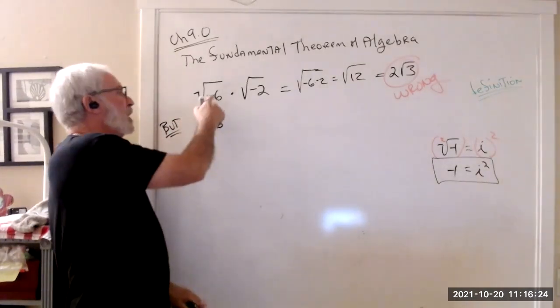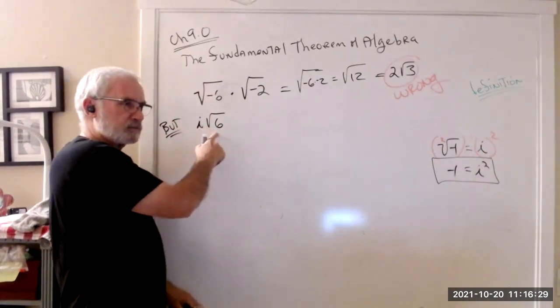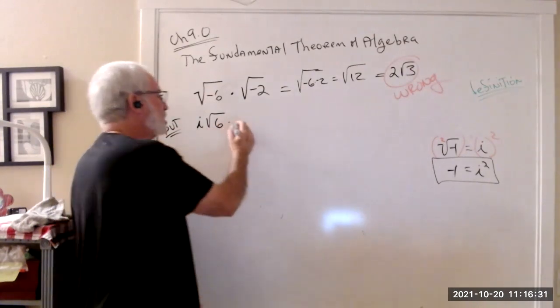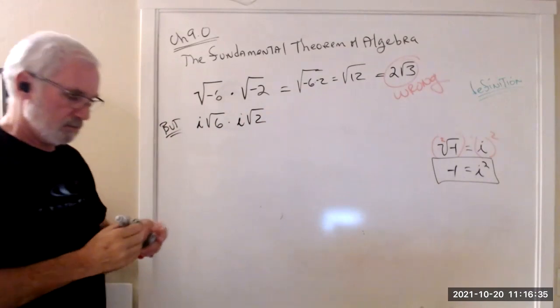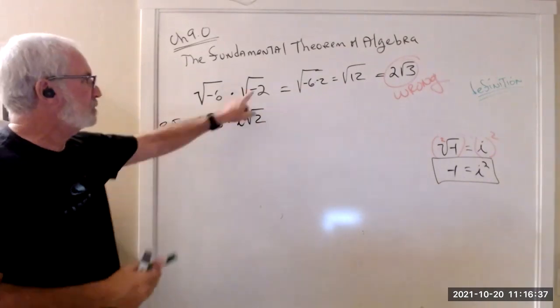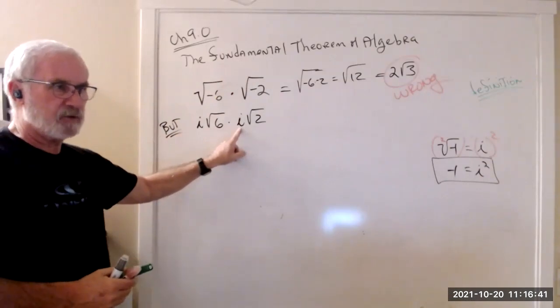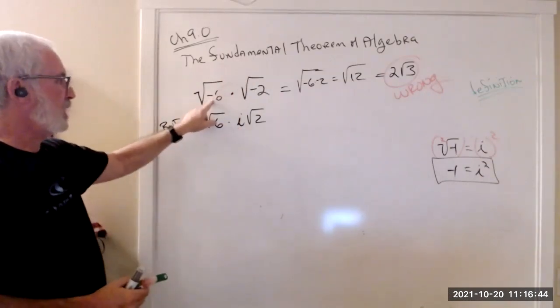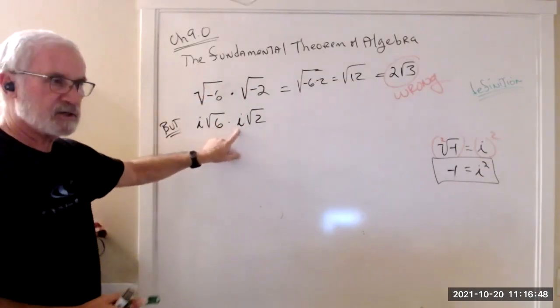So the square root of -6 becomes i times the square root of regular 6, times i times the square root of 2. So the negative comes out and we write an i on the outside.